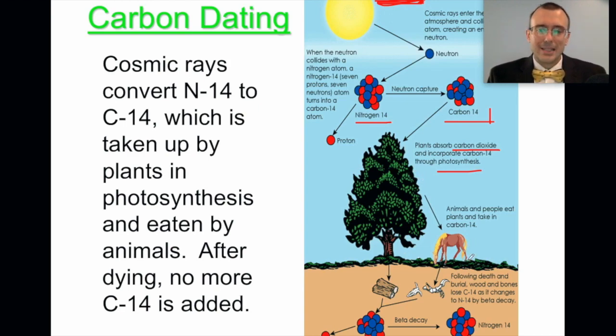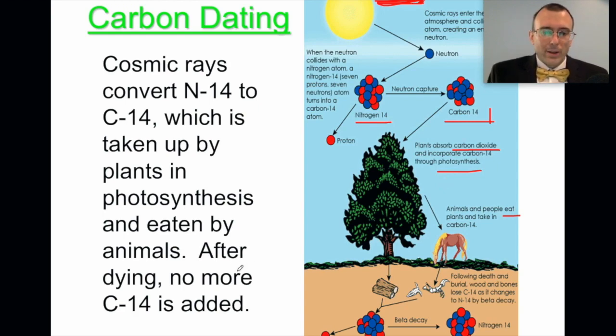Animals eat fruit, grass, and plants, and because they're eating these organic materials, they also incorporate this carbon-14 into their bodies. Even if you're a meat eater, you're eating something that at some point has eaten plants. So carbon-14 is present in all life. Everything that's living has a certain amount of carbon-14 in it, based on the amount of carbon-14 in the atmosphere, because of photosynthesis and because we eat things that are living.